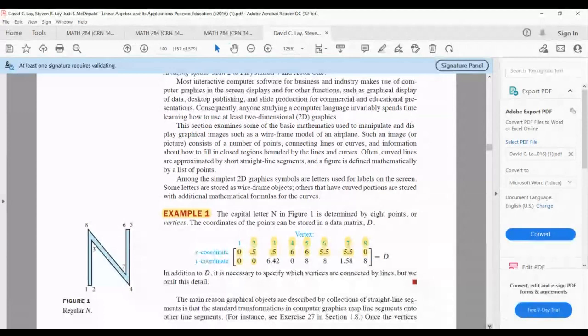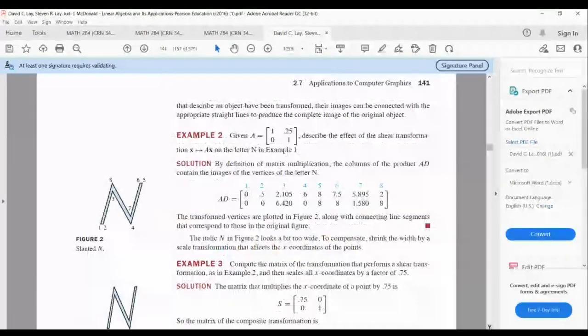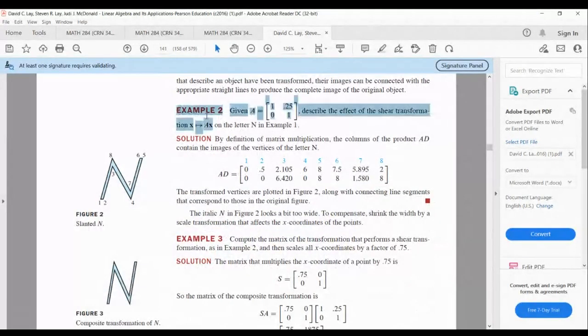So what would that look like? Let's go down here a little bit to example 2. Example 2 says, let's suppose we have a matrix A given as first row 1.25, 0 and second row 0, 1.